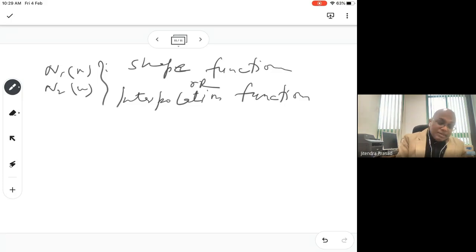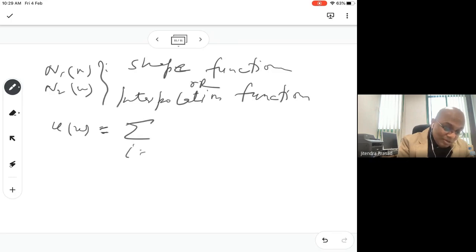Okay. The good thing is that you are now writing in terms of the displacements. You can write the sum for i equal to 1 to 2 of N_i(x) u_i.